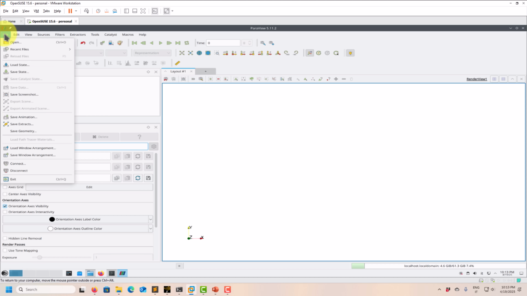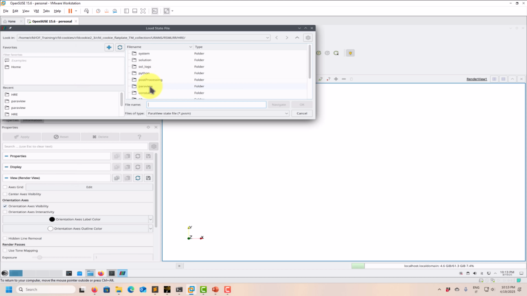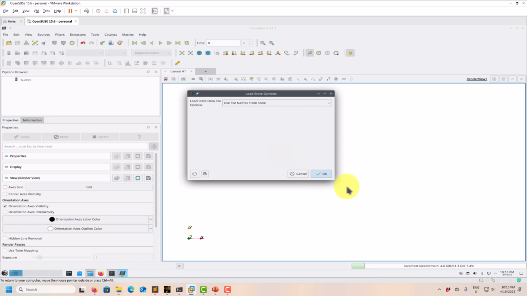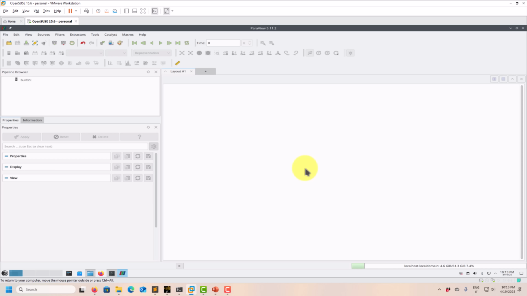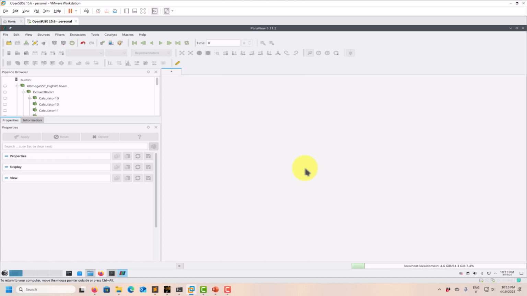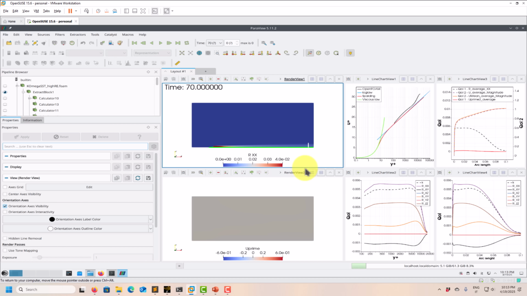But what I want to open here is a state. You have different states, and for what we call it should be 5. State 5, the one where I computed Reynolds stresses, and we have some quantities there, and there you go. Yeah, this is the one I wanted. So we have here your Reynolds stress XX, this one, the most energetic one.